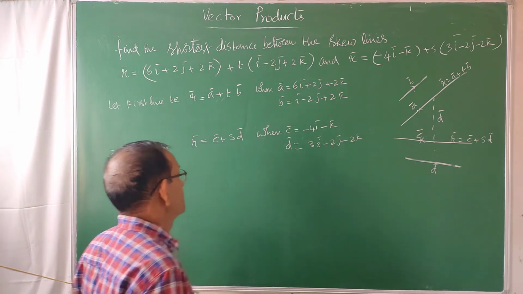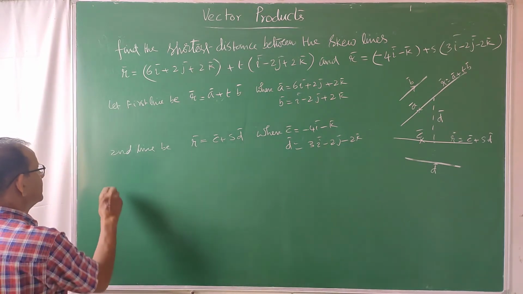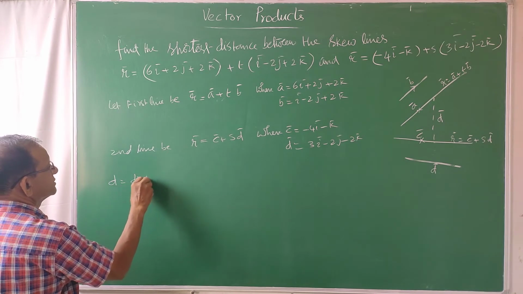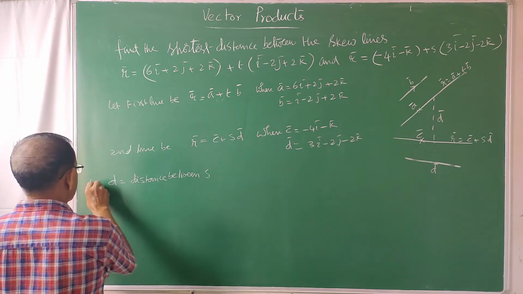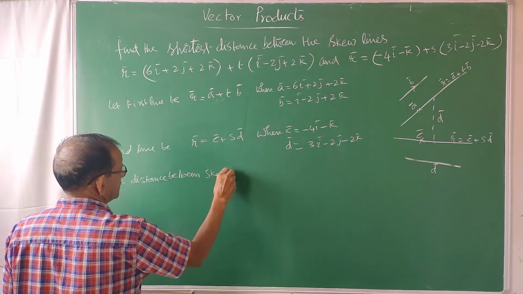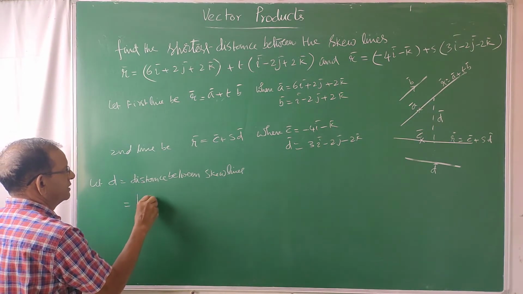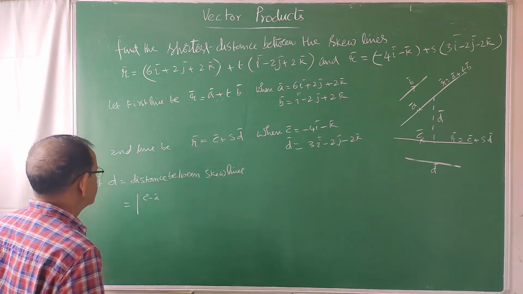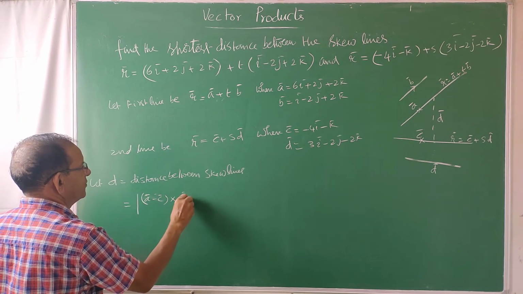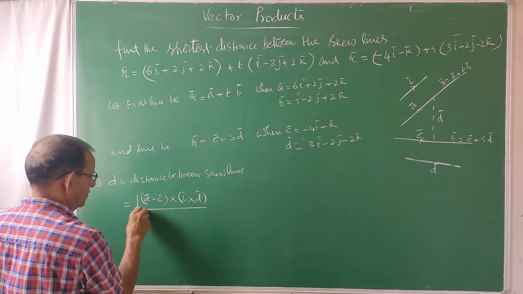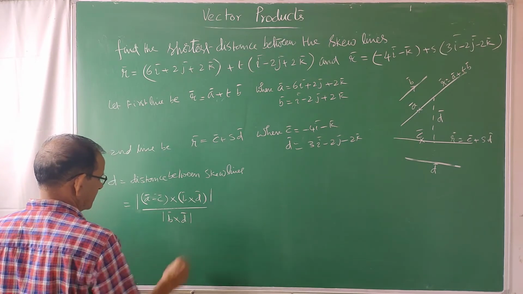Now here is the formula for the distance between two skew lines. D is equal to the distance between skew lines. The formula is the modulus of (a bar minus c bar) dot (b bar cross d bar), divided by the modulus of b bar cross d bar.